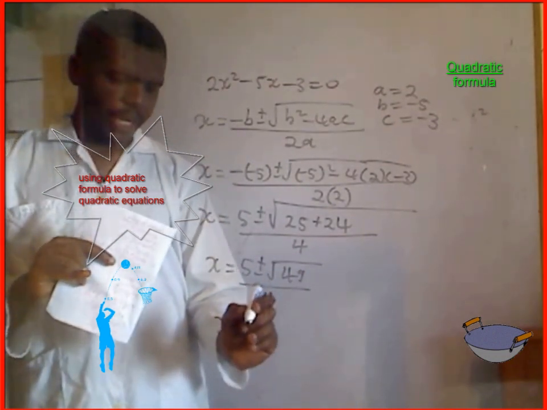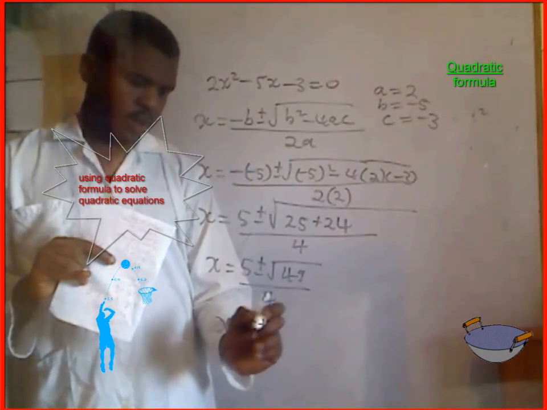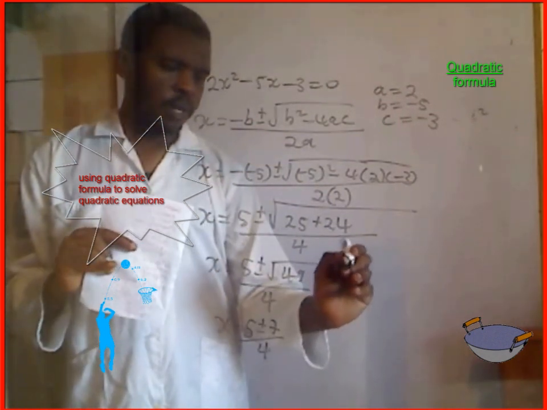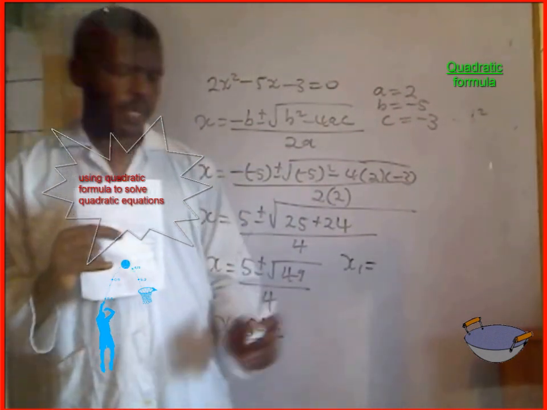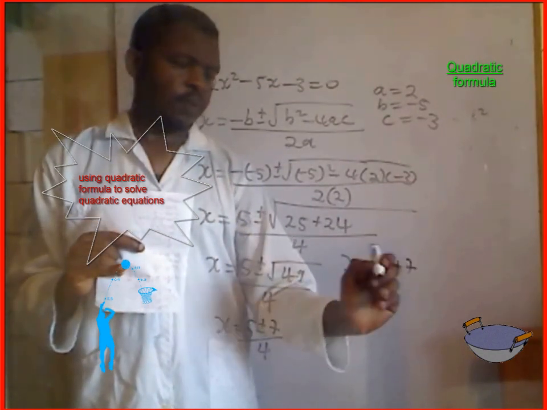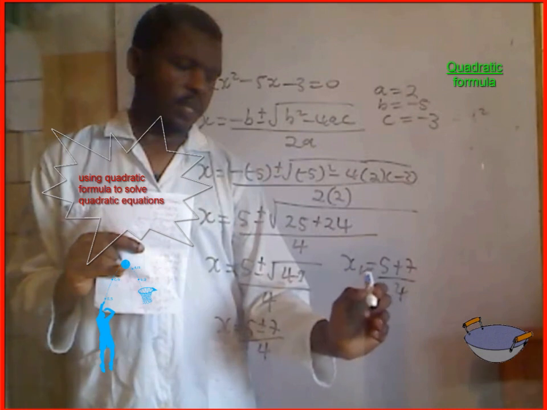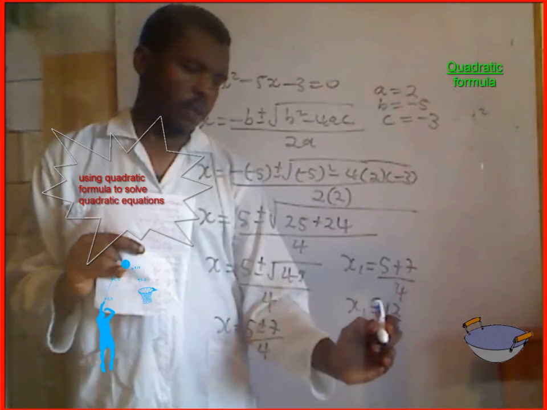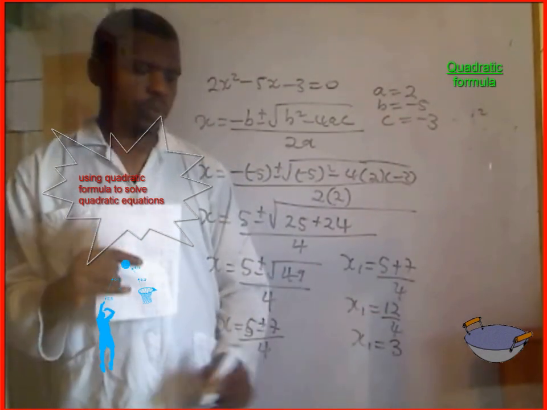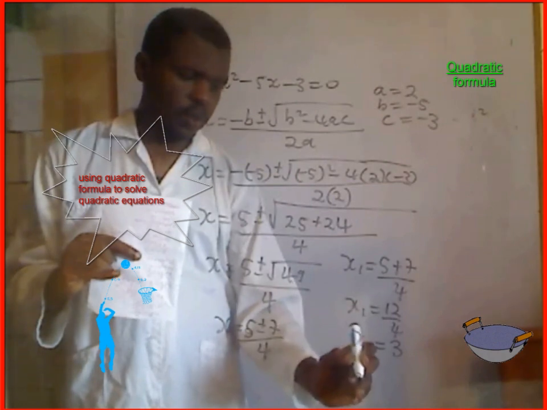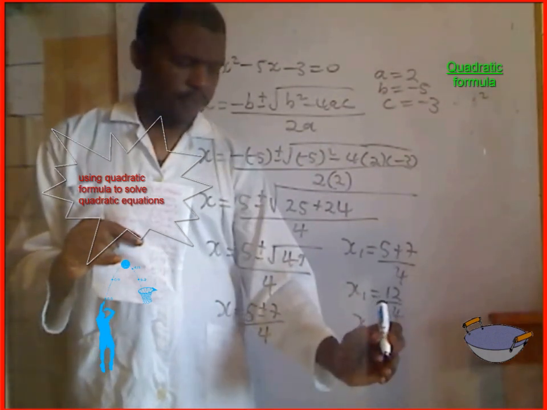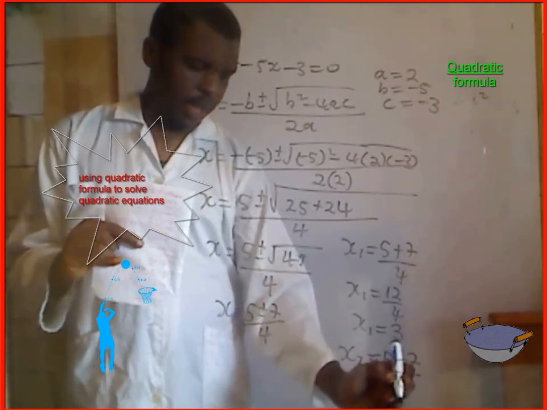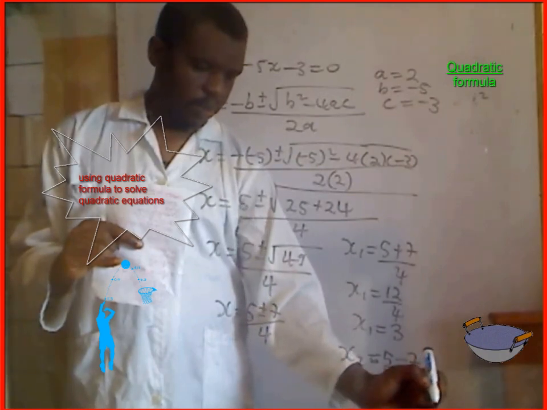X is equals to 5 plus or minus the square root of 49 is 7 divided by 4. So we are saying that one of the x, x1, will be 5 plus 7 divided by 4. X1 is equals to 12 divided by 4. X1 is equals to 3. What is X2? X2 would be 5 minus 7 divided by 4. This is minus 2 divided by 4, which is equals to minus half.